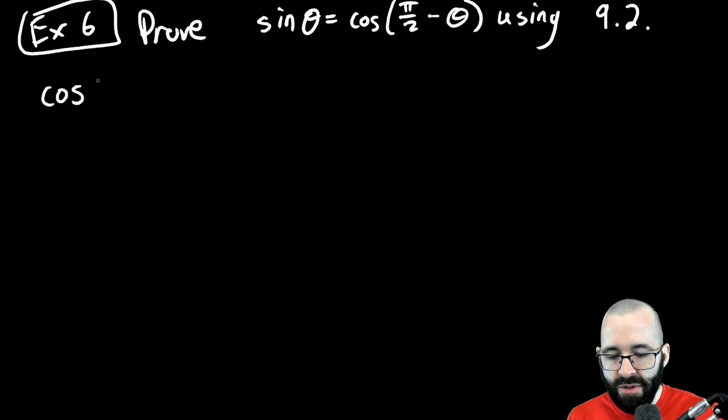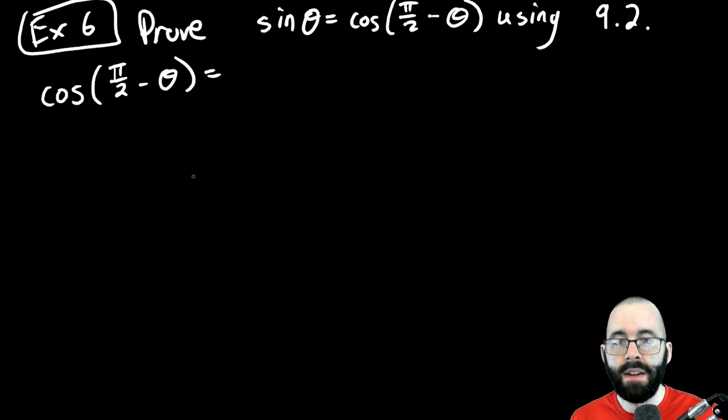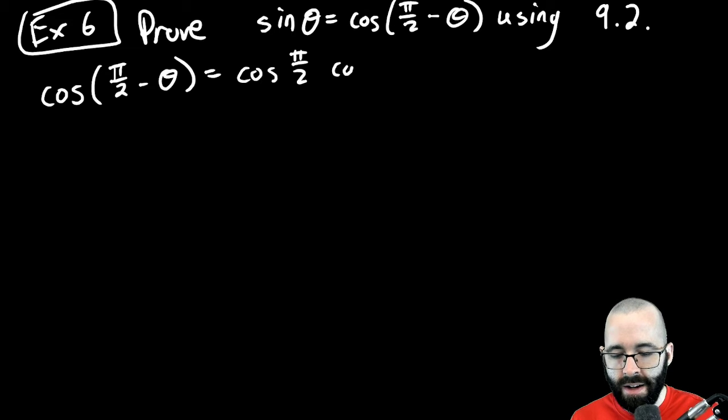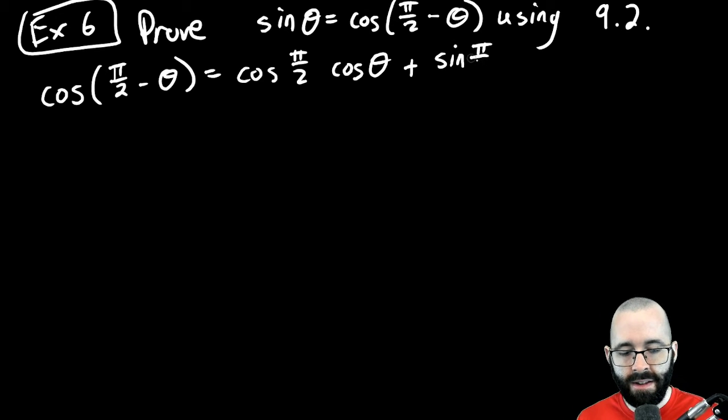So using the angle difference formula, what is the cosine of pi over 2 minus theta? That'll be the cosine of the first angle times the cosine of the second angle plus, remember cosine, it's always opposite, the sine of the first angle times the sine of the second angle.